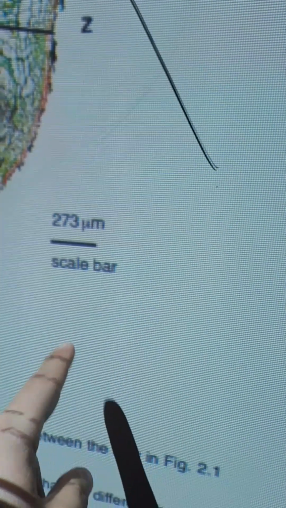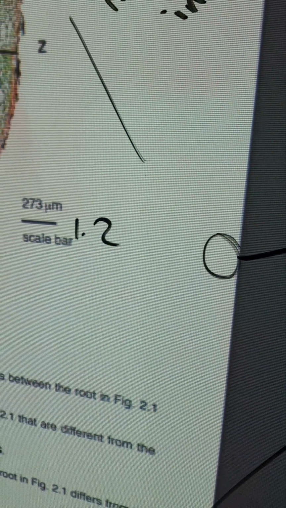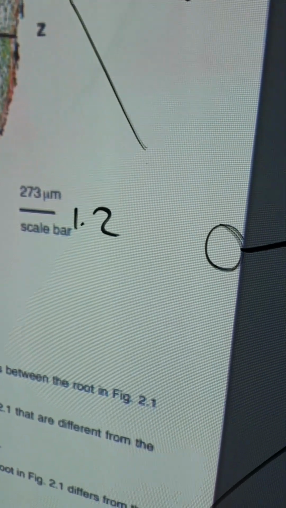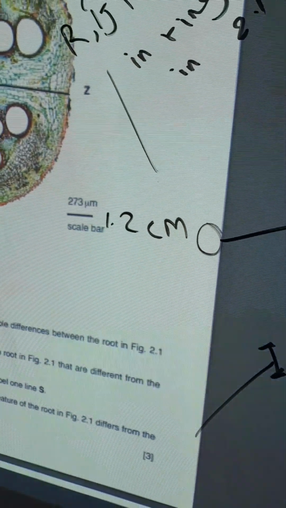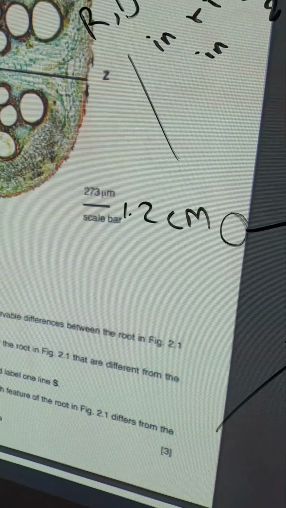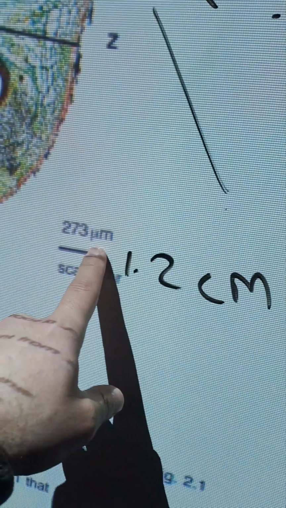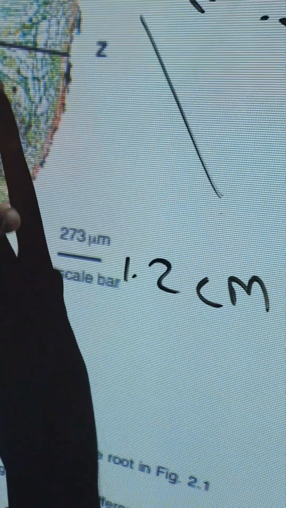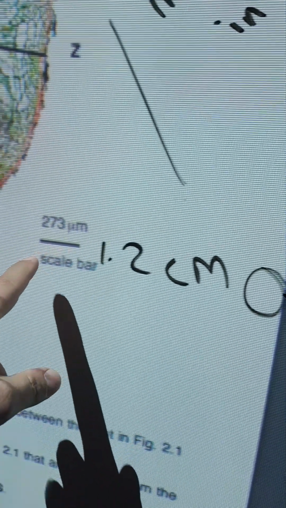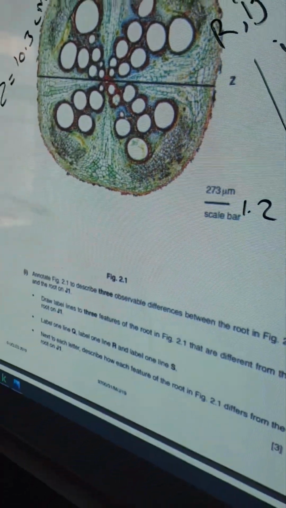So the scale bar is 1.2 centimeters. Can you please write centimeters? Now you need to make a ratio between, now it is 1.2 centimeters, which is equivalent to 273 micrometer. Now you need to make a ratio between this Z line and the scale bar to find out the actual length.